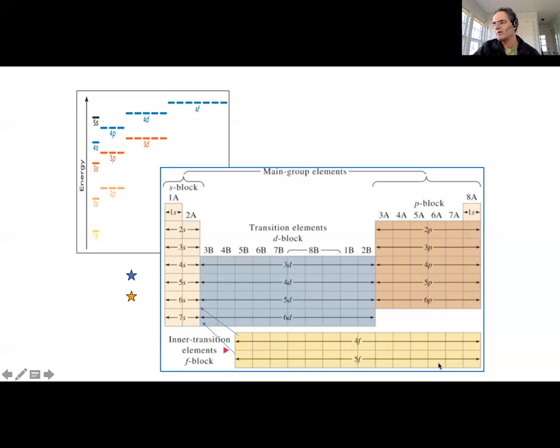And that makes the chemical properties of these elements very similar to one another. It makes them difficult to separate from one another chemically, okay? It also gives the transition elements, and even more the rare earth elements, the property that they can be magnetic, which we'll talk about next.